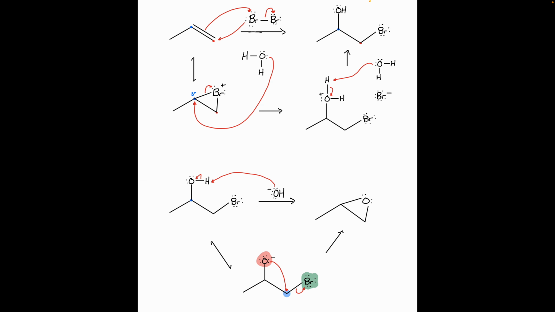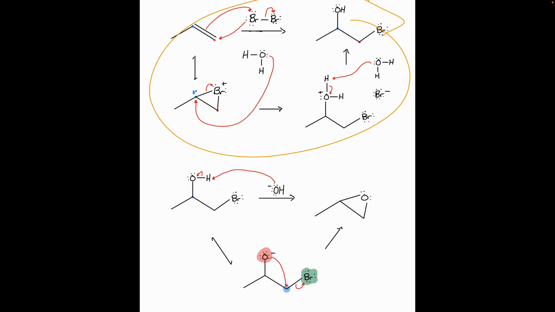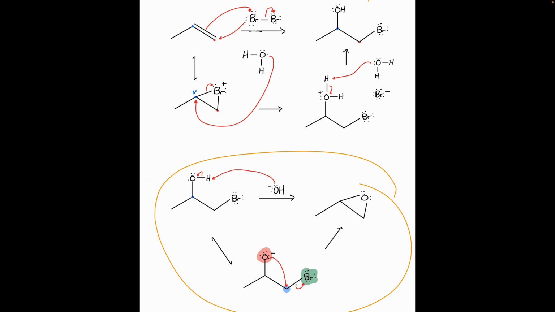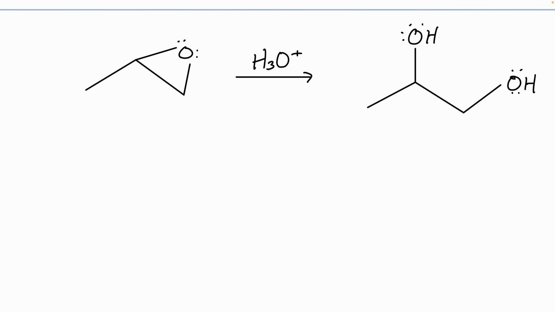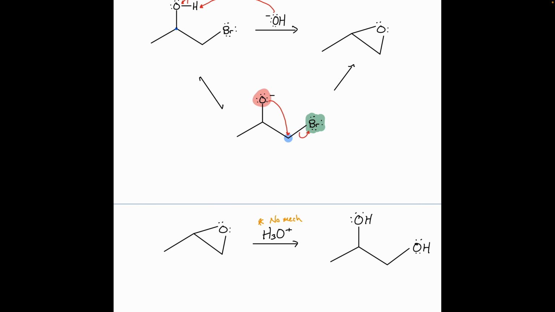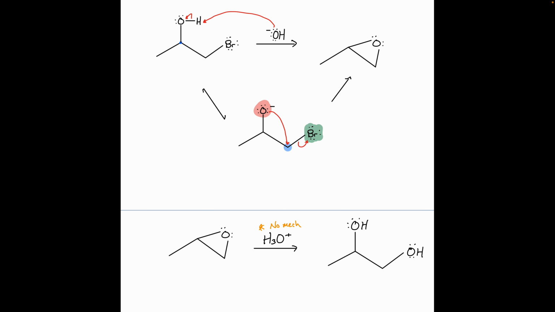Whereas we should know our mechanism for halohydrin formation and for our epoxide formation, you don't have to worry about a mechanism for this particular step. We'll cross that bridge when we get to it next semester.